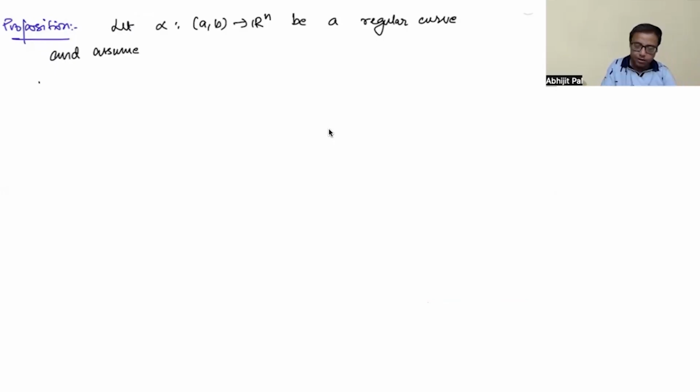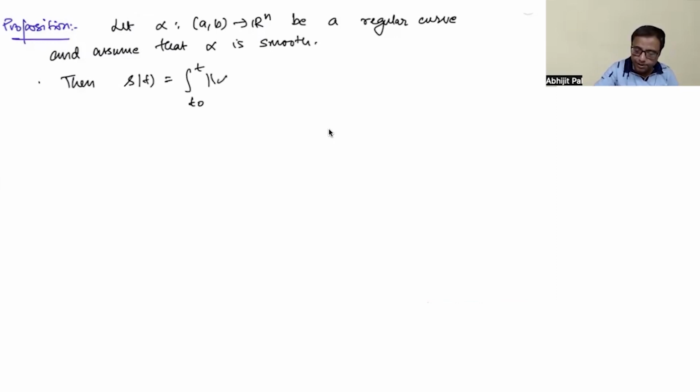Then s(t), which is this following integral, is a smooth increasing function.